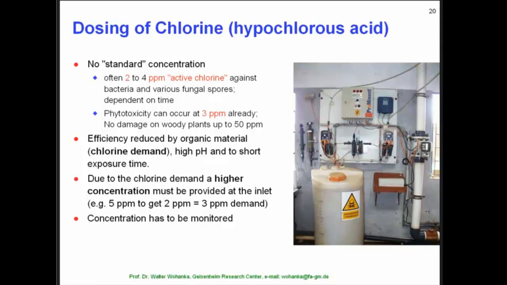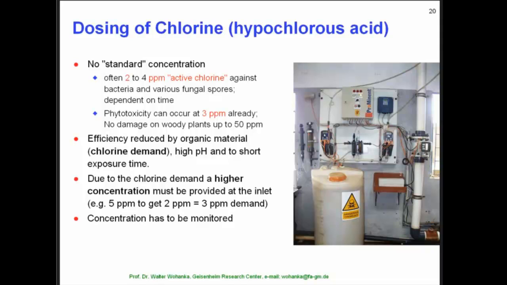Furthermore, high pH and too short exposure time can cause insufficient efficacy. Consequently, especially due to the chlorine demand, a higher concentration has to be provided at the injection site.